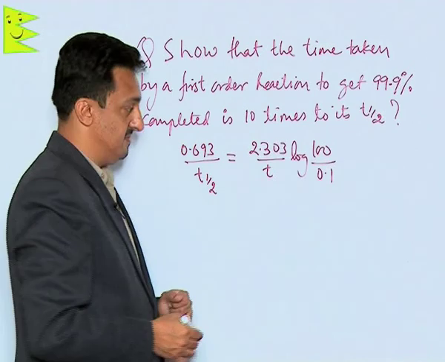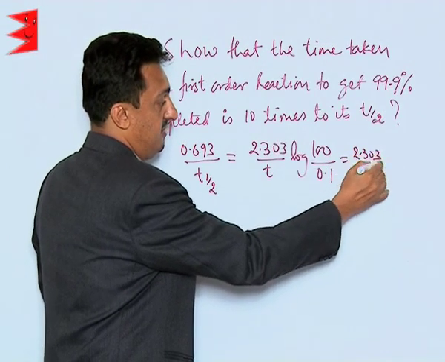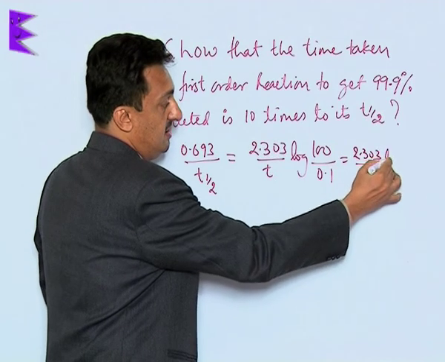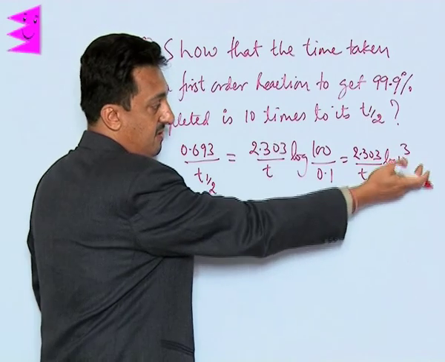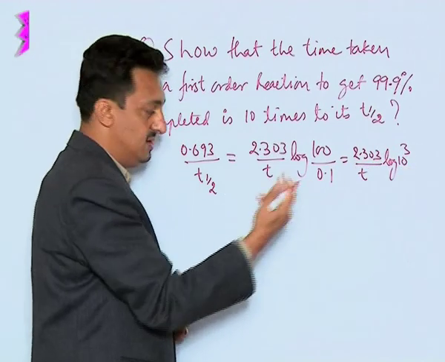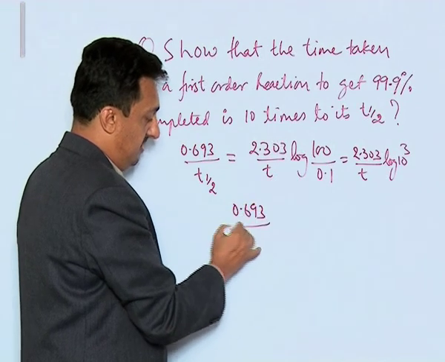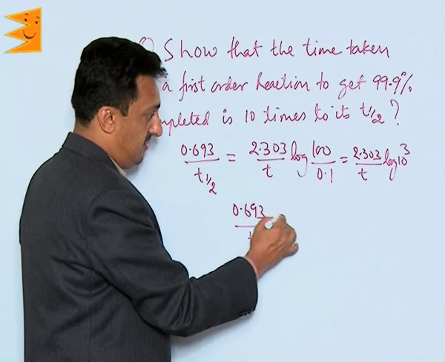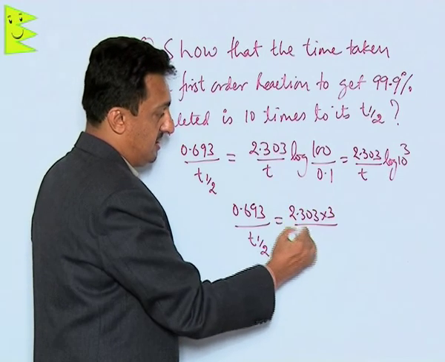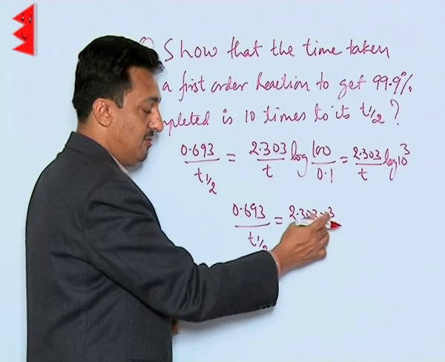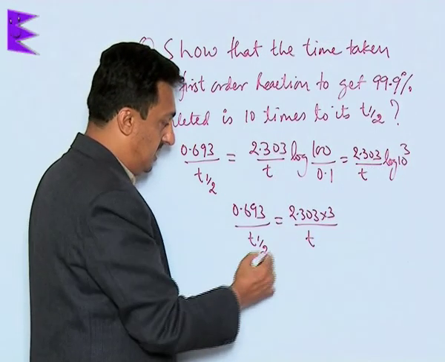Now this will make it 2.303 upon t log 10 to the power 3. Now 3 will come out and log 10 is 1. So we have 0.693 by t half equals 2.303 into 3 upon t, and log 10 we know is 1. So this is how we can compare.